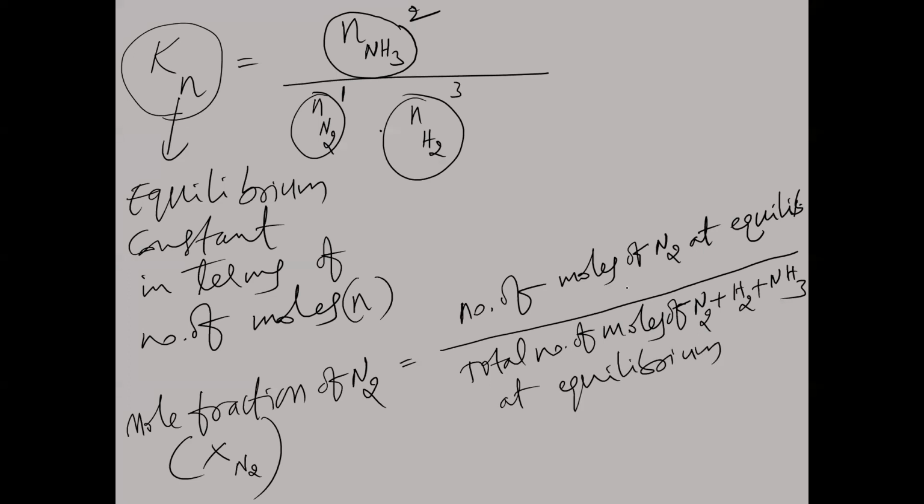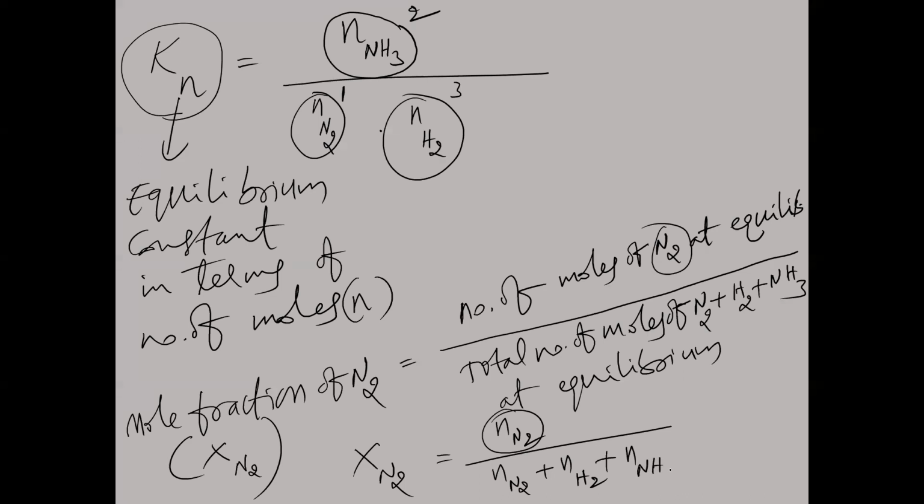So at equilibrium, the number of moles of nitrogen by the total number of moles of the 3 gases in the above equation is equal to the mole fraction of nitrogen. So how to write now? X N2 is equal to the number of moles of nitrogen divided by the number of moles of nitrogen plus the number of moles of hydrogen plus the number of moles of ammonia.